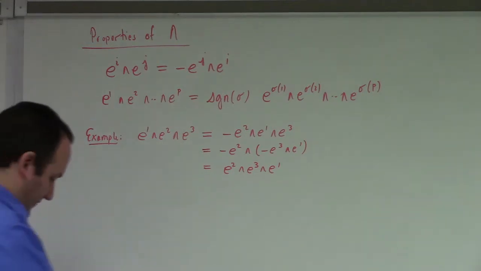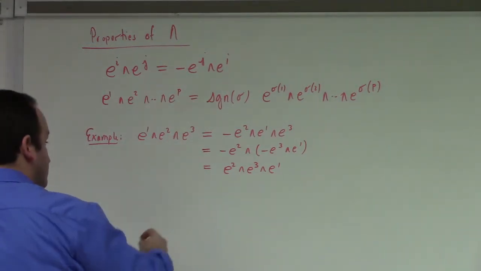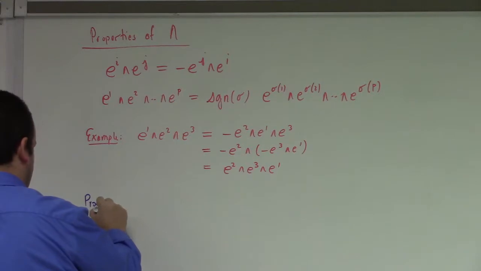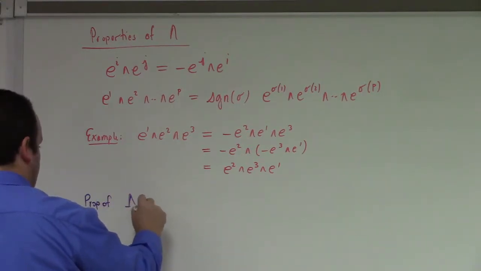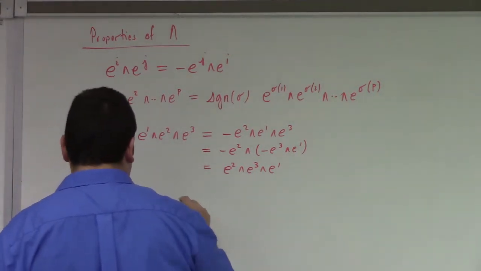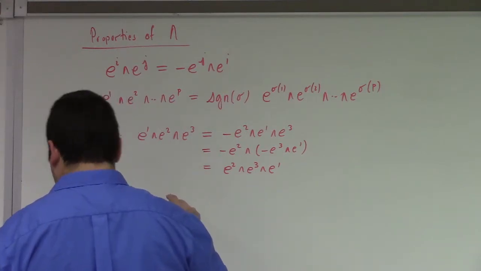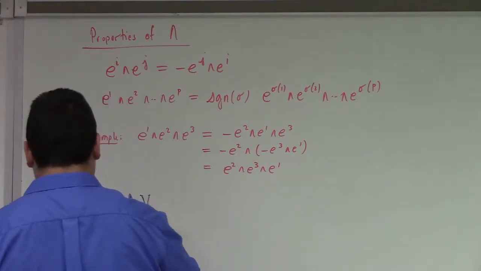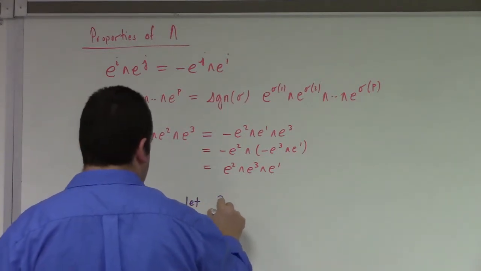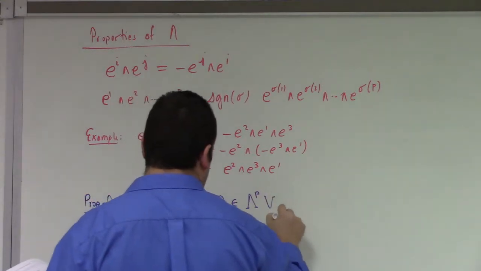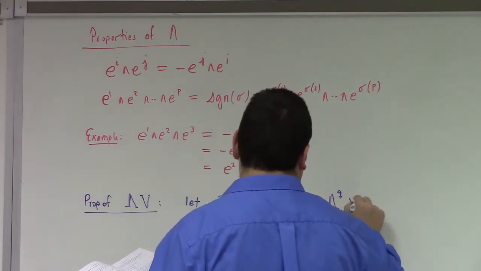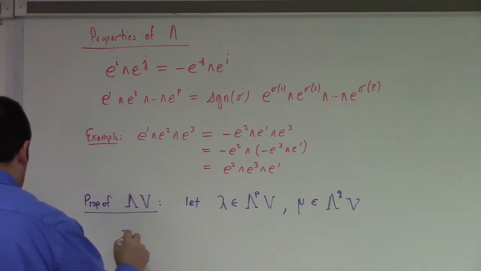So here are the properties of the exterior algebra over V. Let lambda be a p-form over V, and let mu be a q-form over V. Then we have the following properties for the extended wedge.